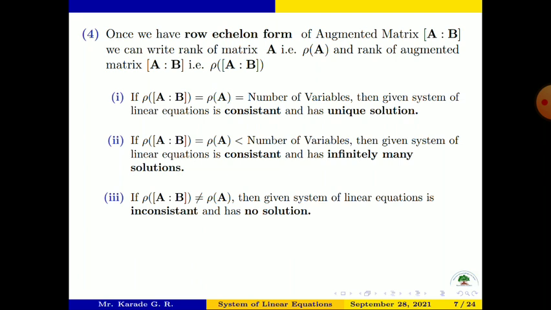And in the third case, if the rank of the augmented matrix [A | B] and the rank of matrix A are not the same, then the given system is said to be inconsistent, meaning it has no solution, so we cannot solve this system of equations.